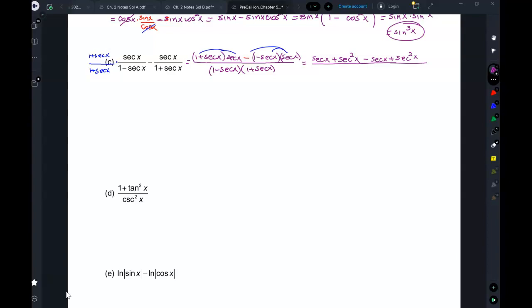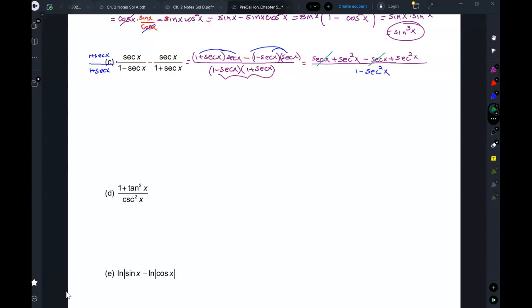Over 1 minus secant squared x, because remember, if you have a minus b times a plus b, you square both and subtract.